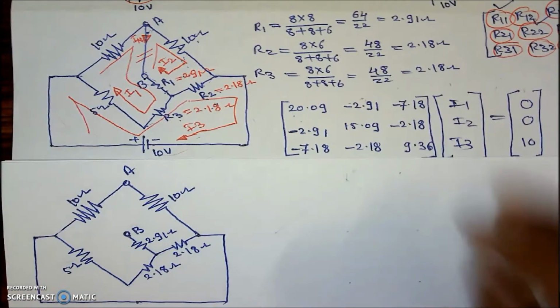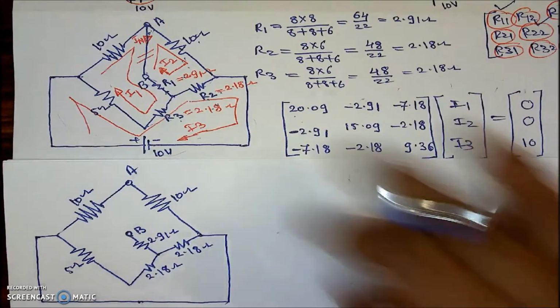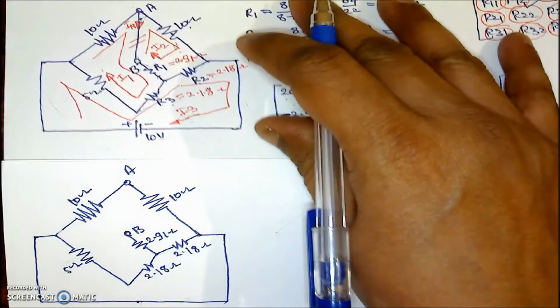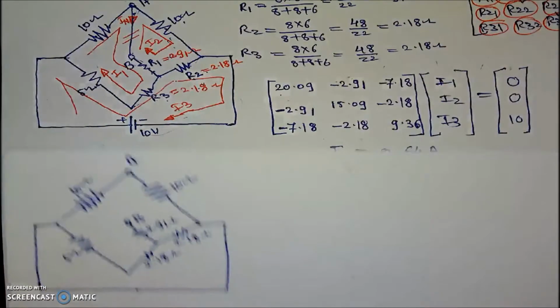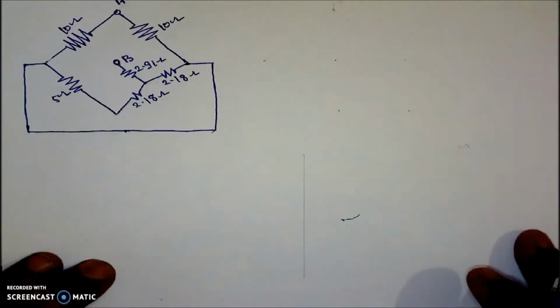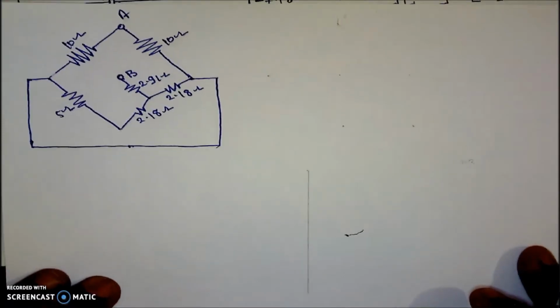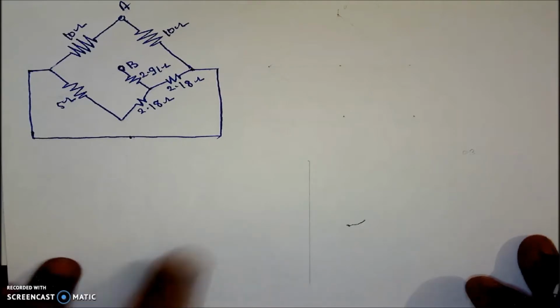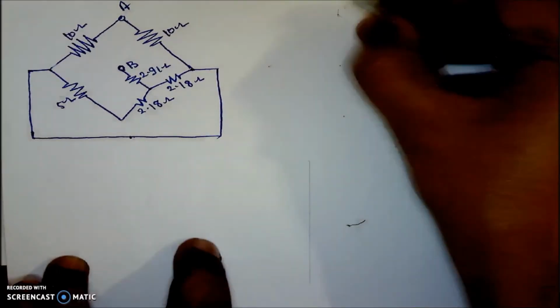From this figure, the short circuit should not be there. From this figure we will calculate the resistance between terminals A and B. Now I will proceed further. Here, this is point A again.